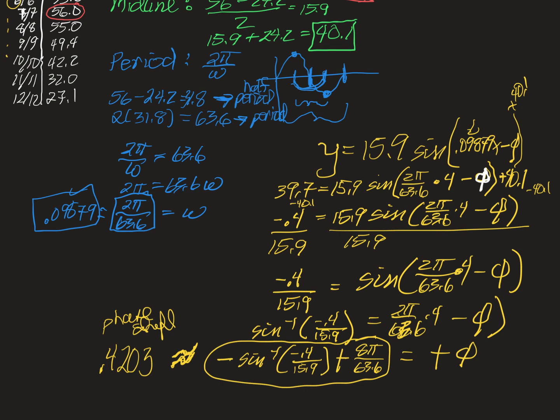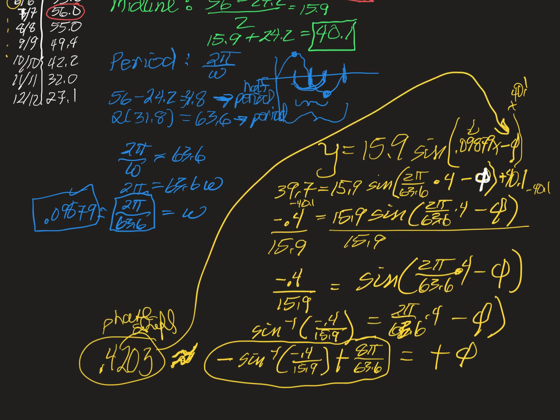Well, it's not really the phase shift, it's the amount for phi. The actual phase shift is you would have to divide it by the 2 pi over 63.6. But this would be the value that I need to go into this function right here. So it's the last value.